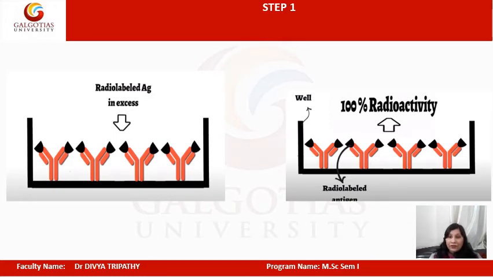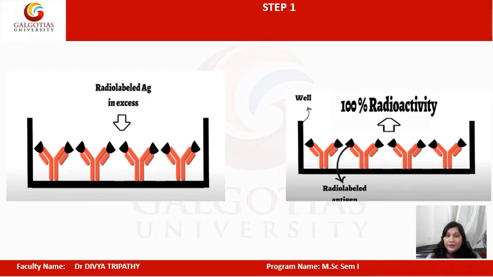Then the next step will involve the washing of the microtiter plate so that we will have all the antibodies bound with radio labeled antigen and there is no free antigen or antibody left in the microtiter plate. Now just assume all the antibodies are bound with radio labeled antigen, it means this microtiter plate will show 100% radioactivity.